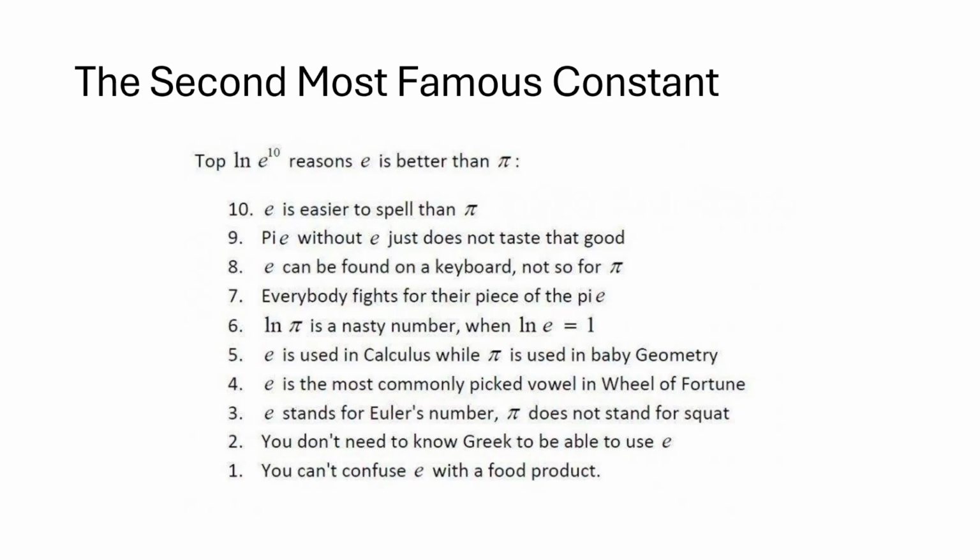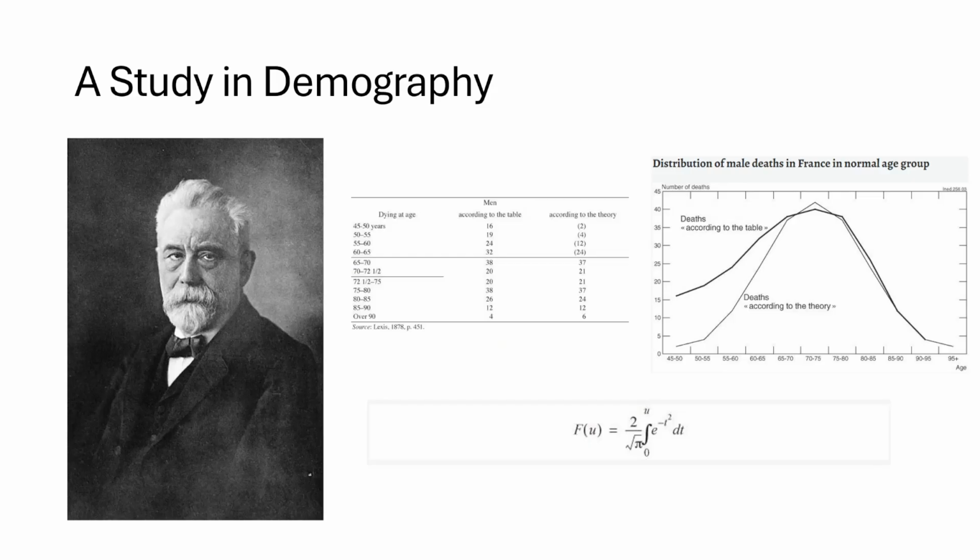Yeah. So let's talk about demography. One of the earliest applications of E beyond mathematics was in demography. A study conducted over 100 years ago by Wilhelm Lexis, whose picture is on the left here, used E to analyze population growth and survival rates.